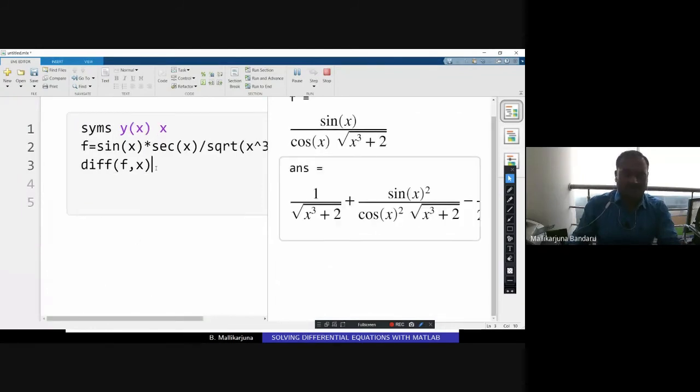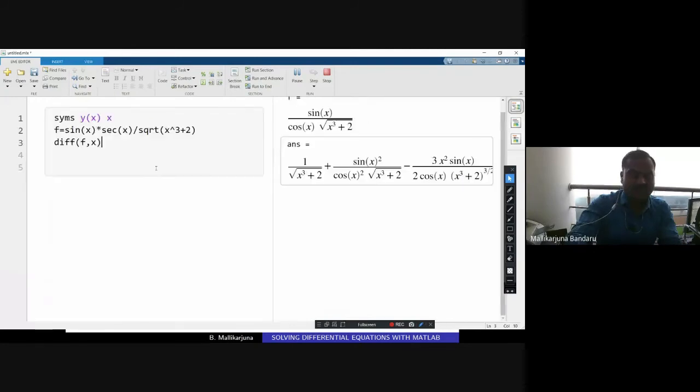So this is the solution. But if you want to simplify the result, you can simplify.